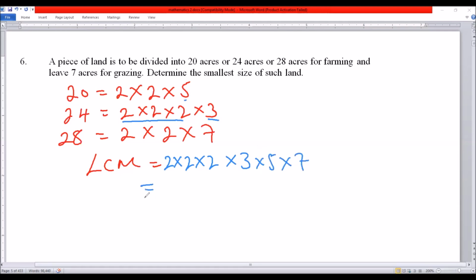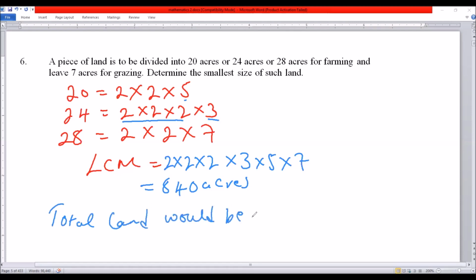When you multiply that, you should be able to get 840 acres, meaning that since there are 7 acres for grazing, the total land would be 840 plus 7 is equal to 847 acres. So that is how you do that.